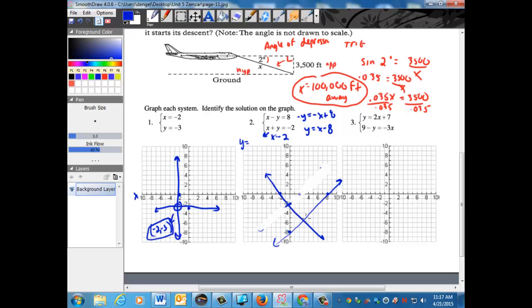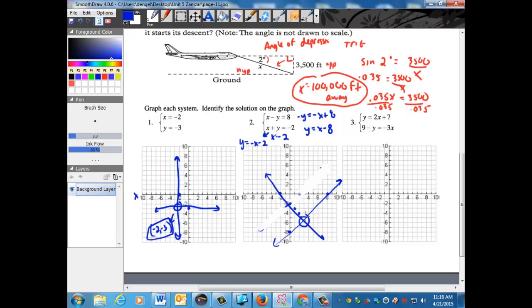Alright, here's our point of intersection. Unfortunately, the only way that I can find out this point is I have to solve for y and find my slope. So we're going to do that now. Y equals -x minus 2. So down 1 over 1, down 1 over 1, down 1 over 1. Alright, this is the beginning.